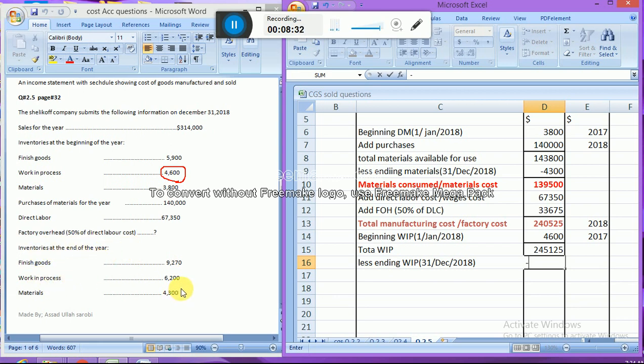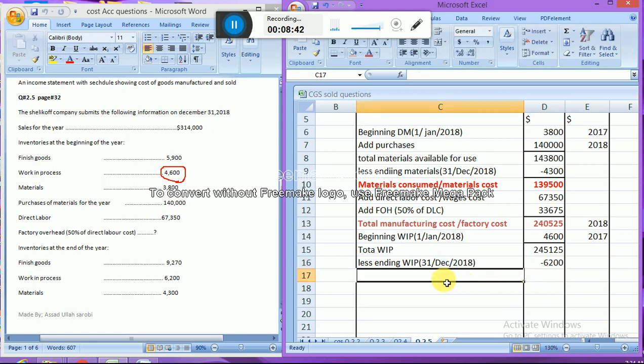So work in process is how much? 6,200. We will minus it. So when work in process ends, we produce the finished goods. So cost of goods manufactured, this is also called cost of finished goods.